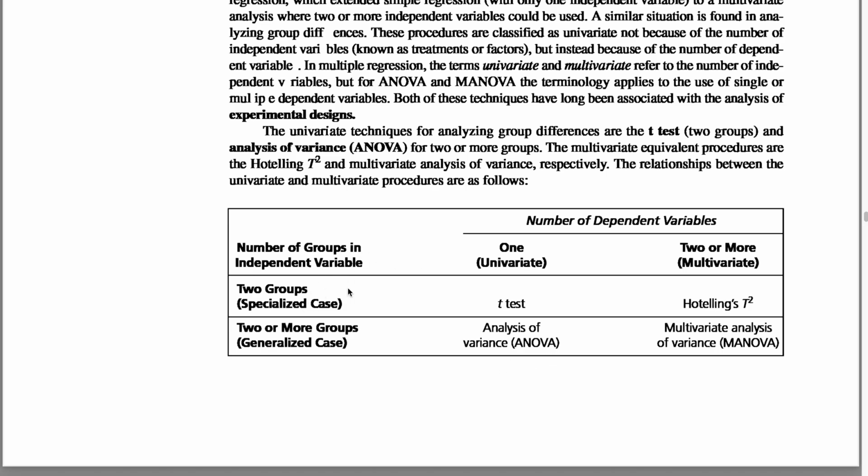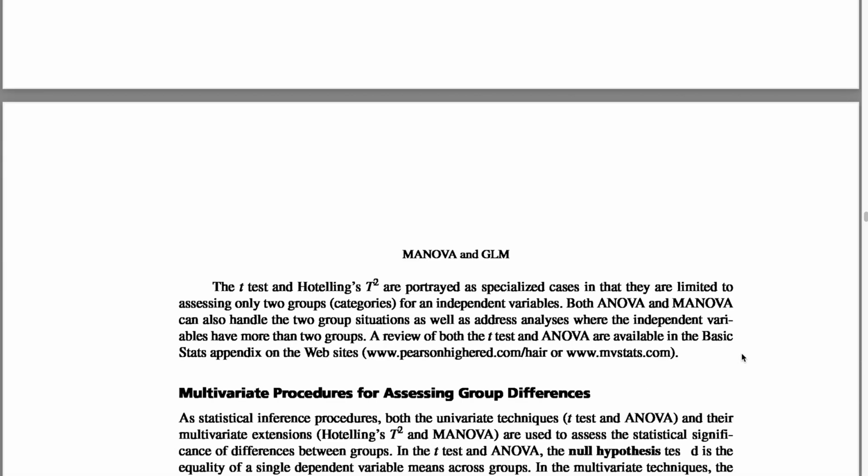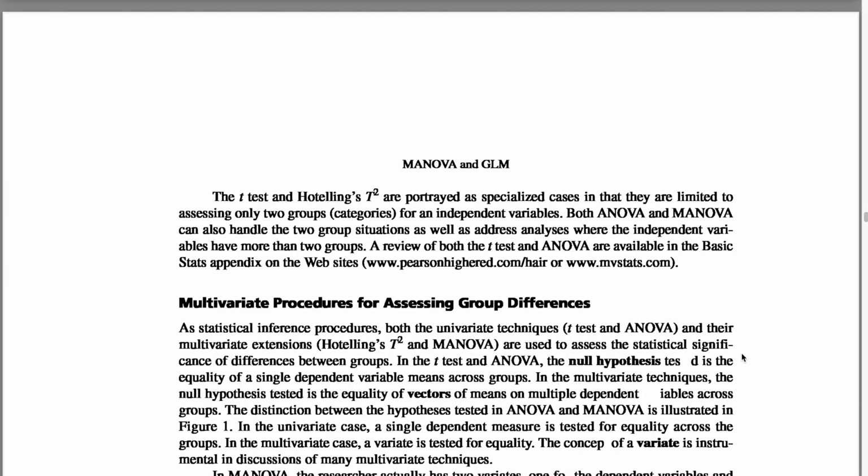So for two groups with one dependent variable we apply the t-test, for more than two groups we apply ANOVA, and in multivariate cases researchers use MANOVA. The t-test and Hotelling's T2 are portrayed as specialized cases in that they are limited to only two categories for an independent variable.